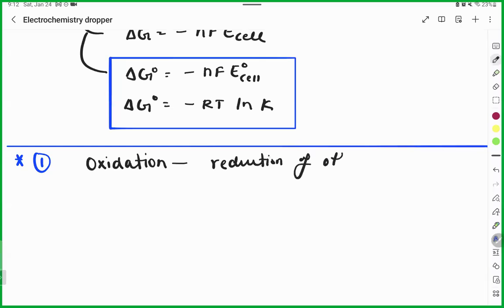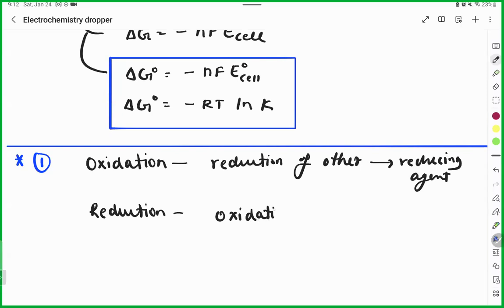So it is a reducing agent. And if an element undergoes reduction, it will cause oxidation of the other. Then it will be an oxidizing agent.